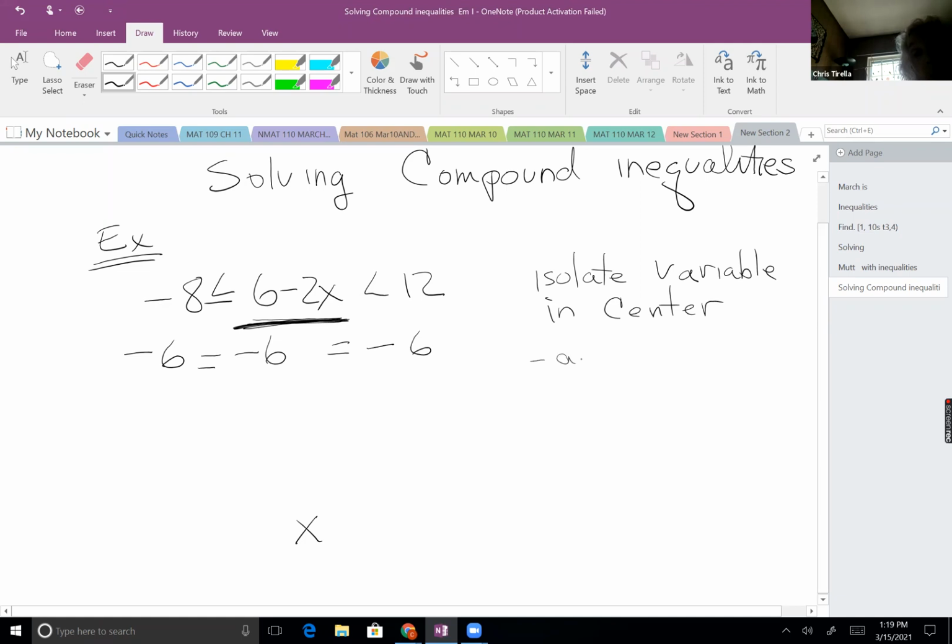So add or subtract the same quantity to all 3 parts of the inequality.